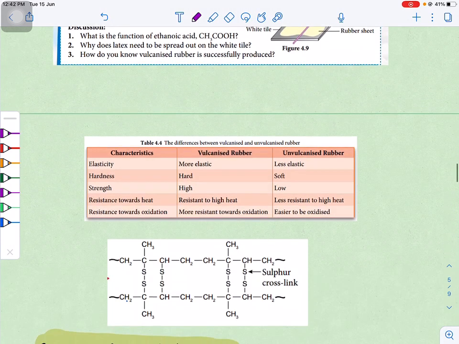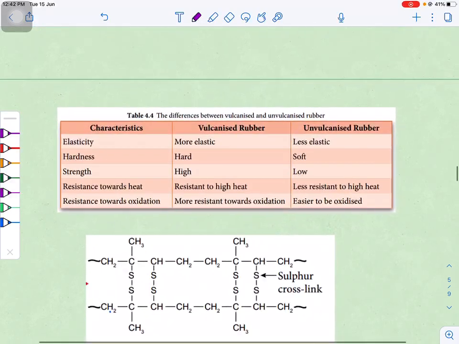Okay, so this is the difference between the characteristic of vulcanized rubber and unvulcanized rubber. So bila sebut unvulcanized rubber, meaning that this is the original rubber before treatment.